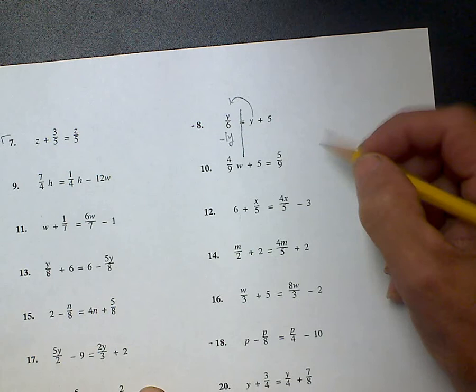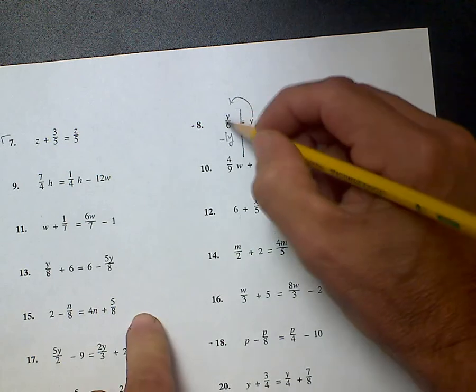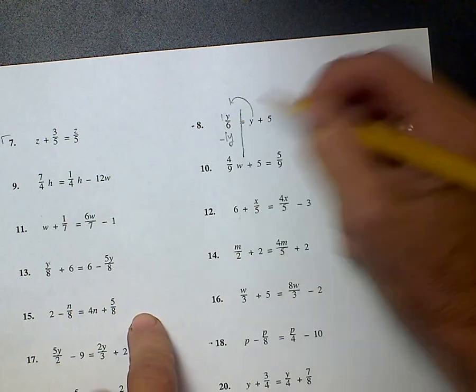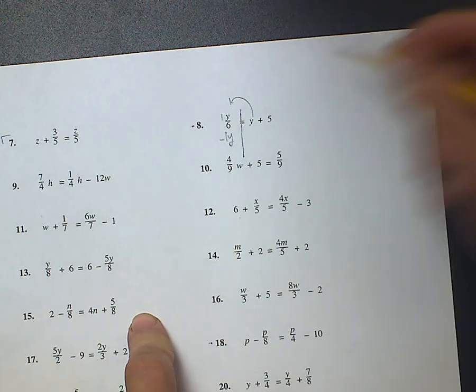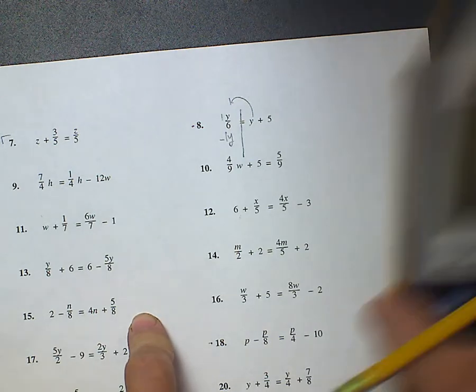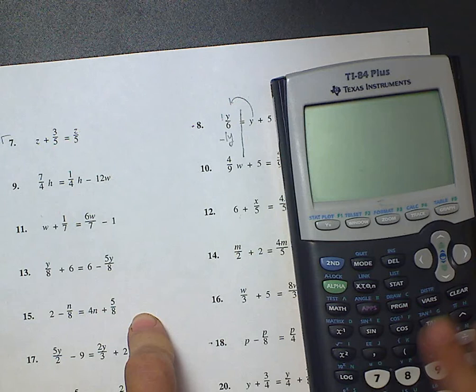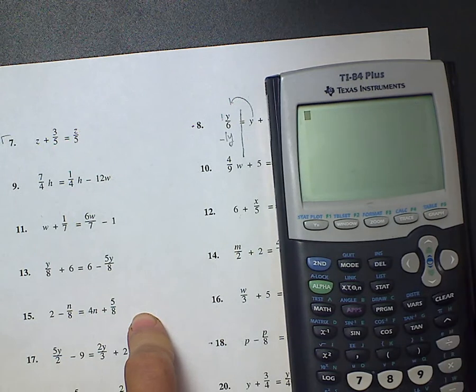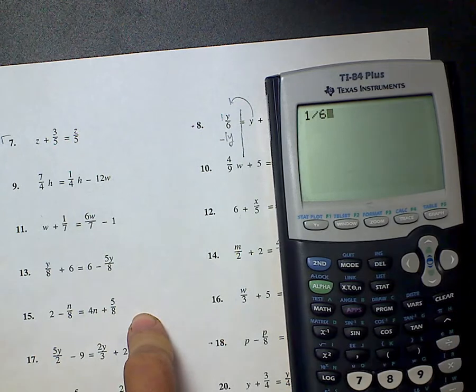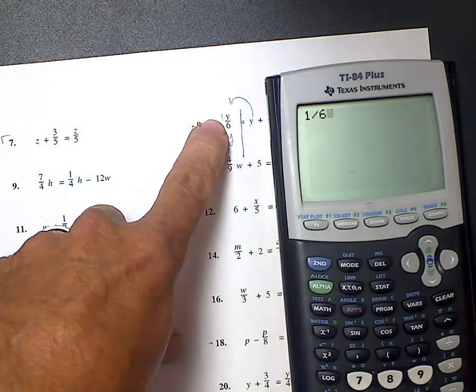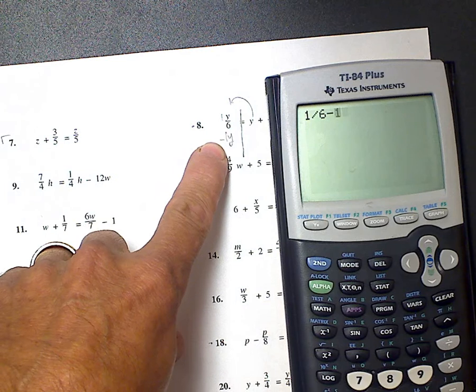So what I really have here is, if I rewrite this y over 6 as 1y over 6, I can see that I have 1/6 y minus 1y. Remember, in your calculators, you can ignore the y part and just do the coefficients. So 1/6 for that one minus 1 for this one.